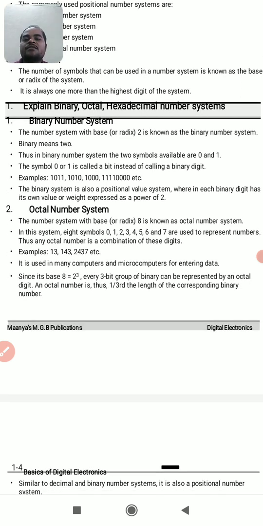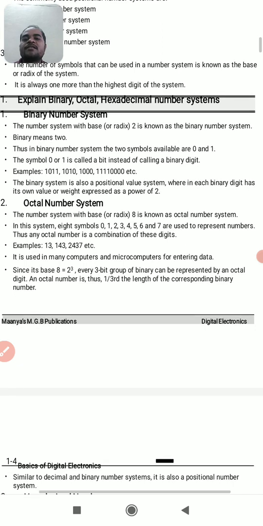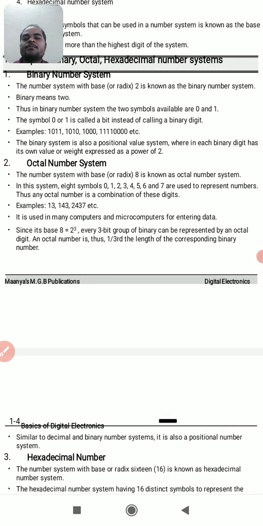The binary number system is also a positional number system, wherein each binary digit has its own value or weight expressed as a power of 2. We represent each digit position as a power of 2. Next, the octal number system. The number system with base 8 is known as the octal number system.